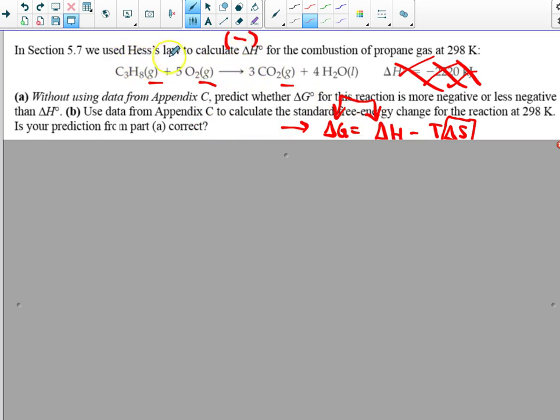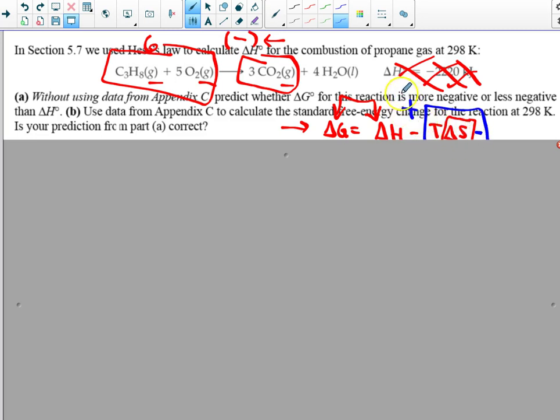One more time. Since we go from 6 moles of gas down to 3 moles of gas, entropy decreases, which is a negative sign. So that means this term right here is negative, right? A negative minus a negative is really a what?